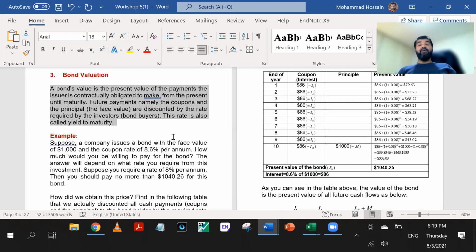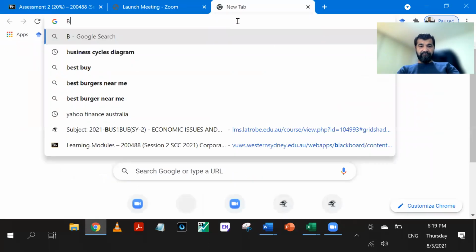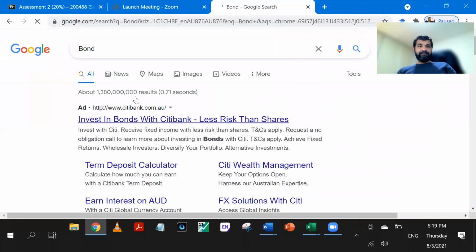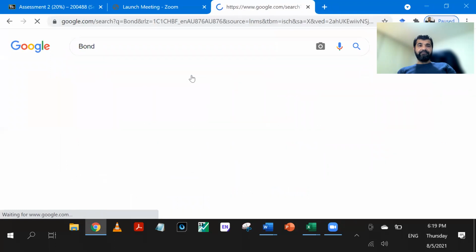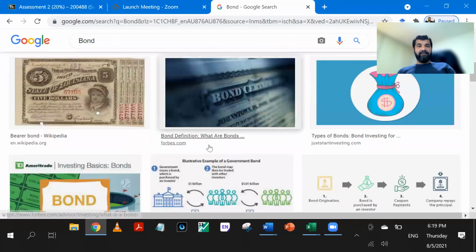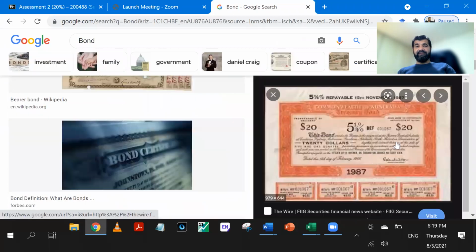Now, what is the coupon rate? Let me give you an idea about how a bond works. Do you have a clear picture of any bond? Here, this one is not bad.